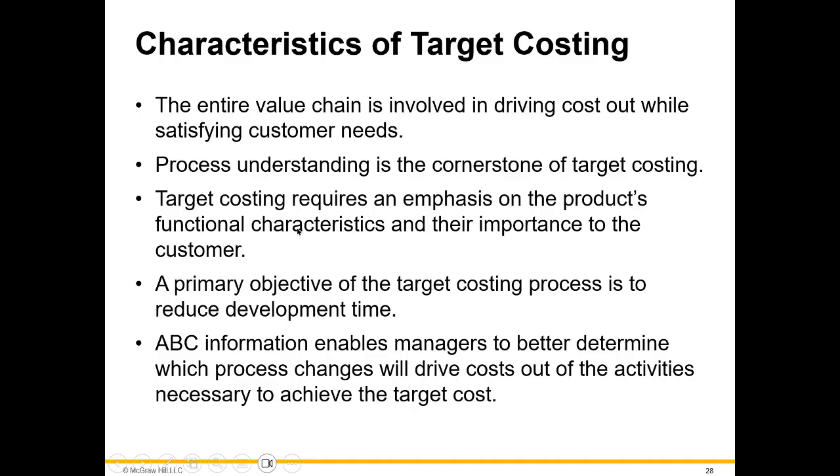So if we're trying to create value and hit a certain cost, then we need to be working together and really focus on those characteristics that are important to the customer. Usually, an objective of the target costing process is to reduce development time, and ABC information enables managers to better determine which process changes will drive costs out of the activities necessary to achieve the target cost.